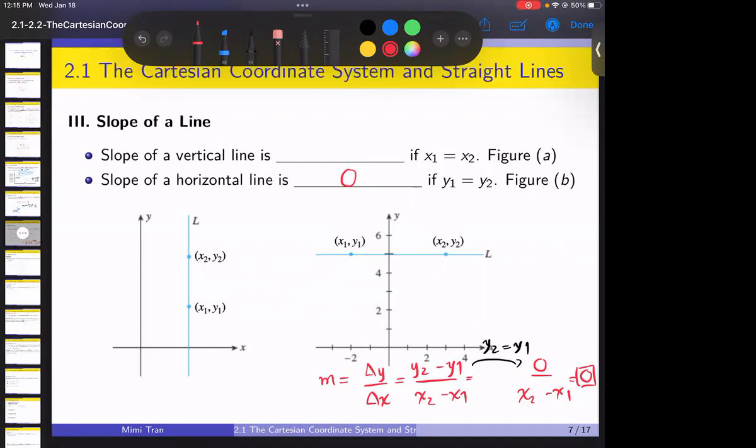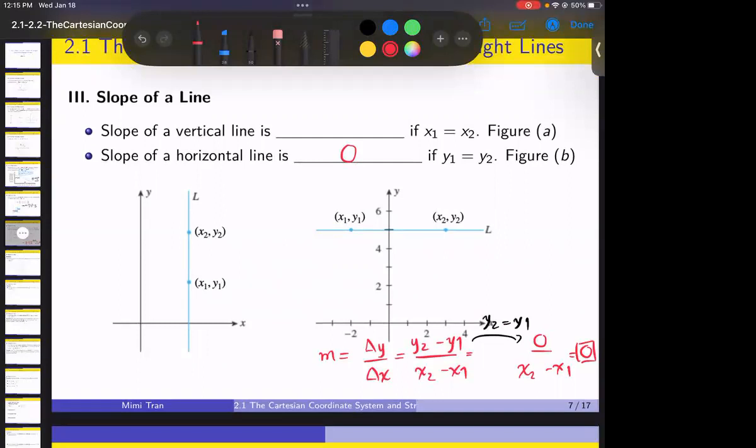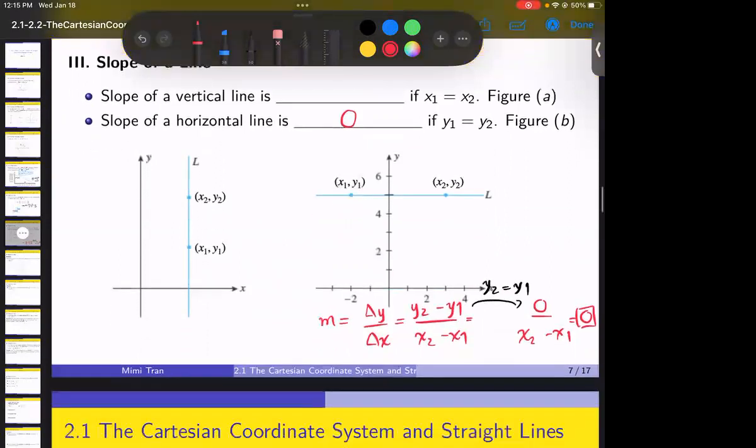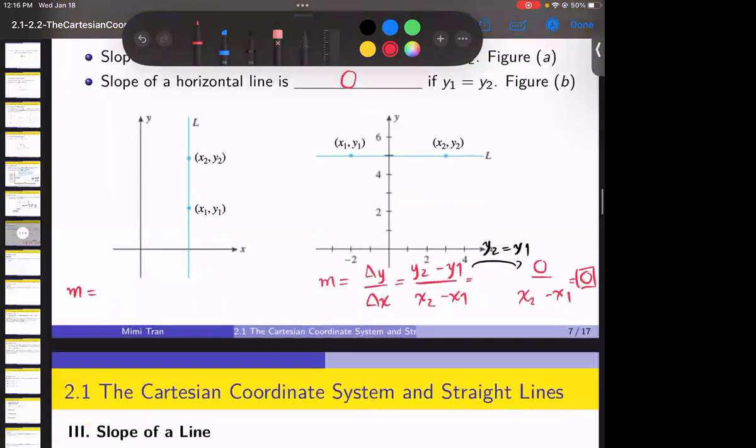Similar case for the vertical line. I'll give you a moment. I want you to write out the formula like I did. Try to explain why the slope of a vertical line is undefined. Can anyone tell me why it is undefined?